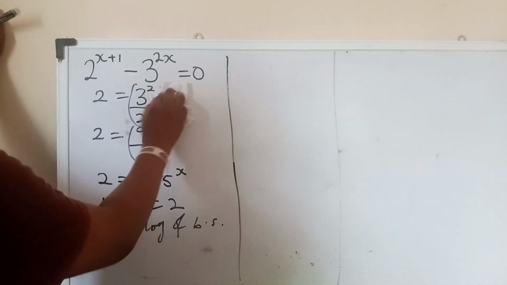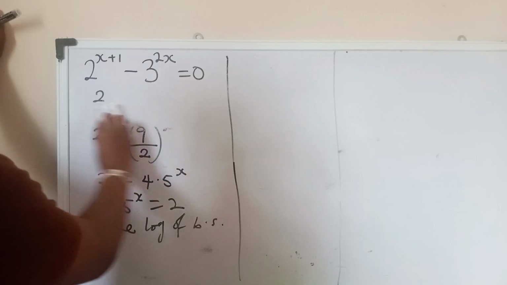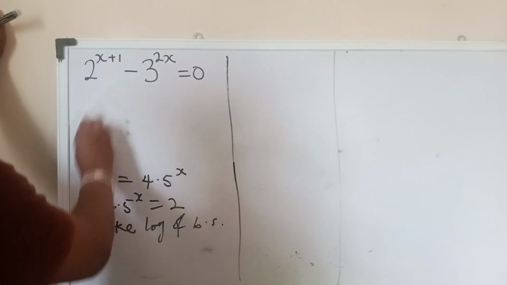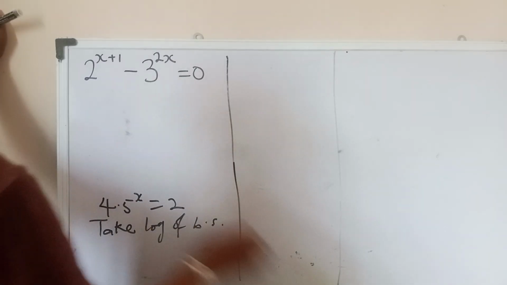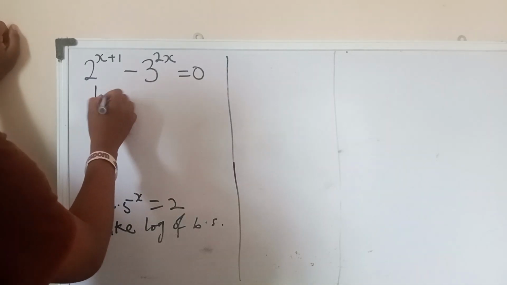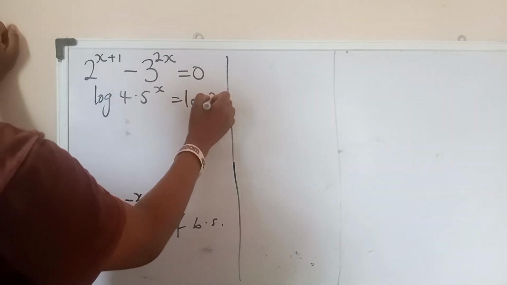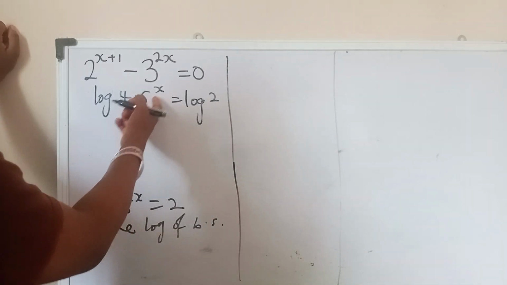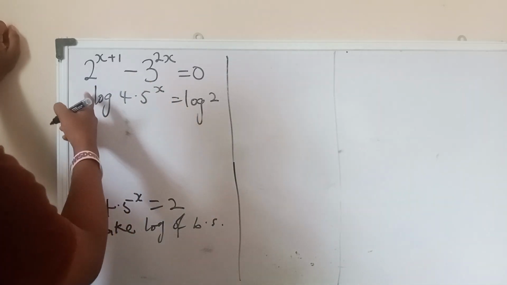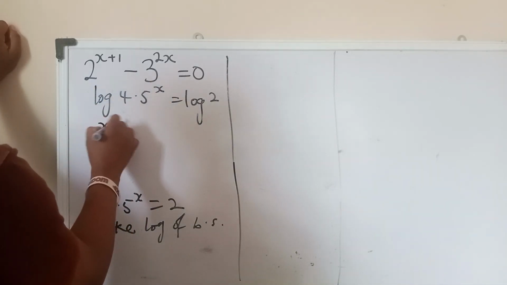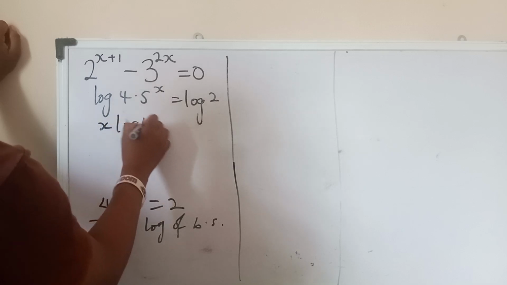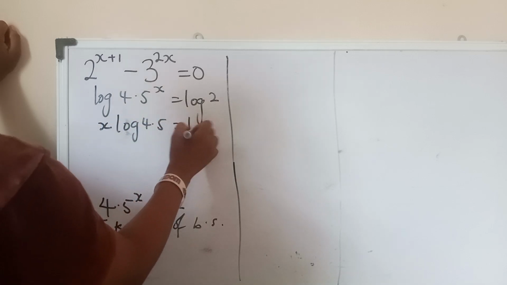Okay, so I'm going to wipe this top. So we have log 4.5 to the power of x and log 2. The rule states all the powers can always go behind the log. So we have x log 4.5 equals log 2.